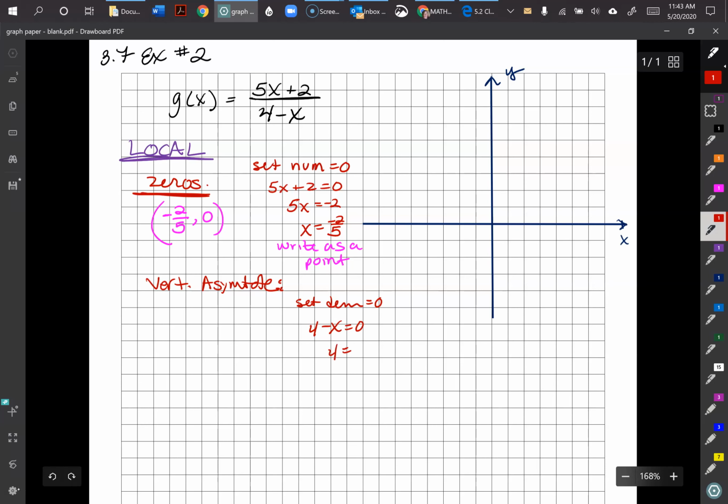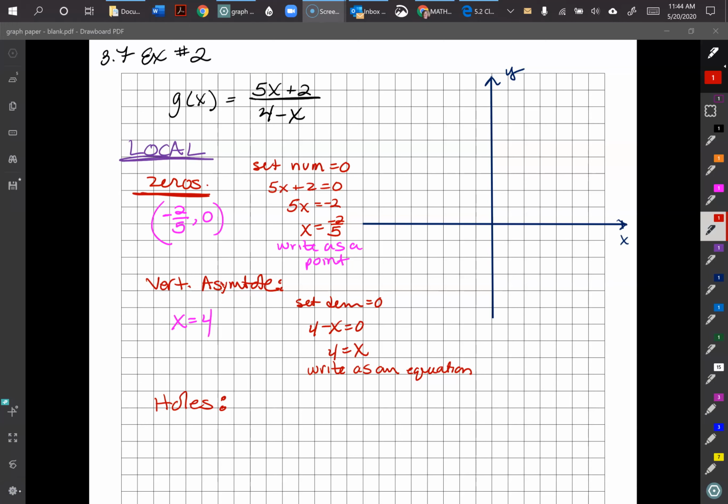We would get 4 equals x. And we want to write this as a line, so write as an equation. That one would be x equals 4.